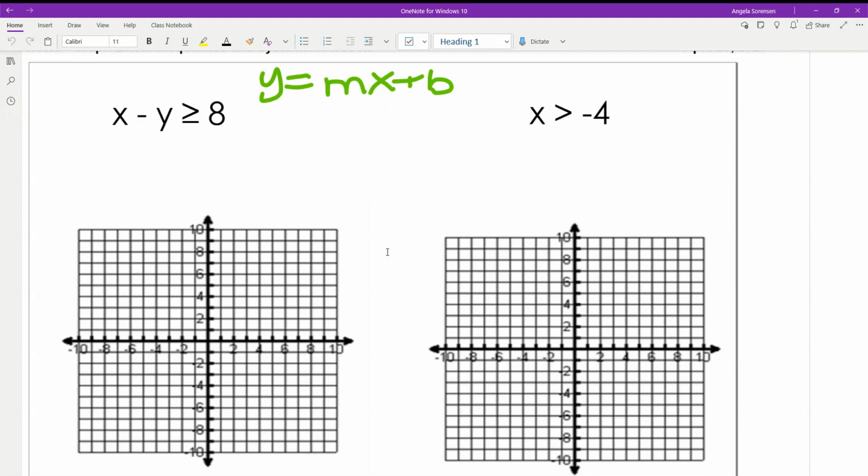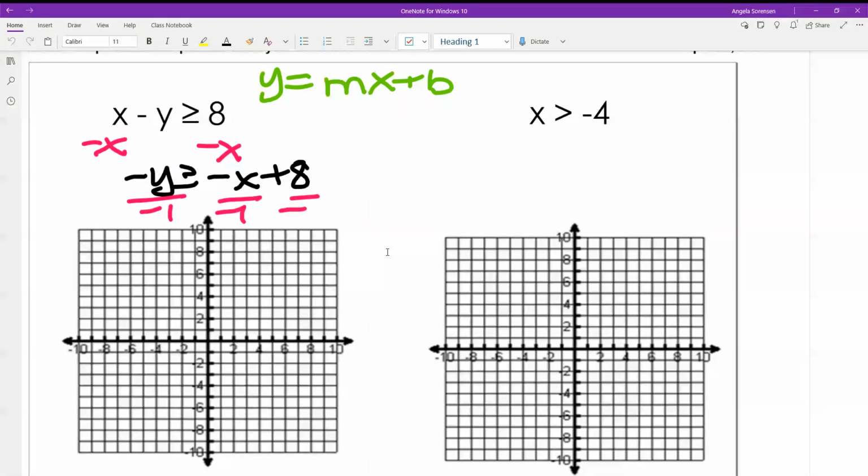So what would you do first here? Yeah, subtract x. So you get negative y is greater than or equal to negative x plus 8. And then what? Divide by negative 1 or multiply by negative 1. What happens when you do this? The sign flips.